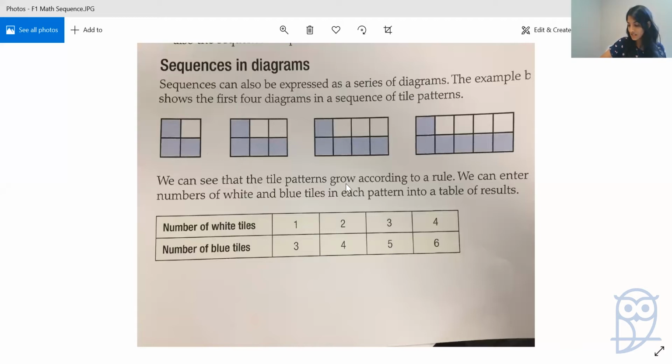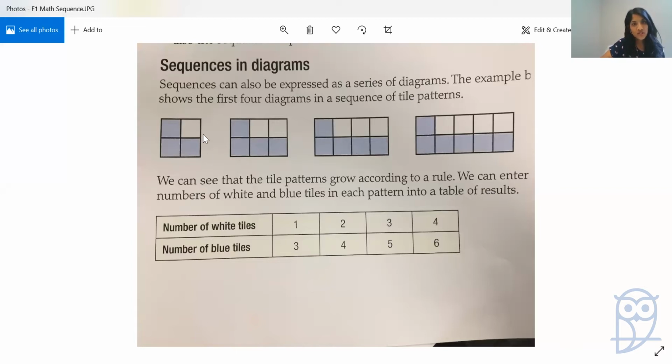We can see that the tile patterns are growing. In each one of these diagrams, the tile pattern is growing. And if we look down at the bottom, we can see that the tile patterns grow according to the rule. We enter the number of white tiles on the top, and that's how we can establish what the blue tiles are going to be.